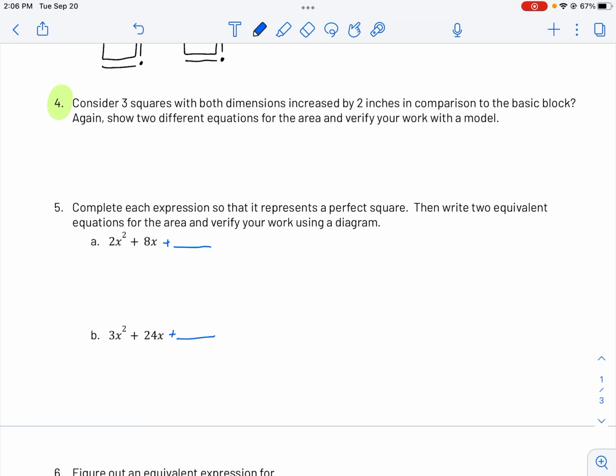So for A, let's think about our diagrams. They have 2x squared, so I would have 2 of my squares. And then in total, I have 8 x's. All right, so if I have 8 x's in total, how many am I going to have in each of my diagrams? I'm going to have 4, right? So there's 4 in each.